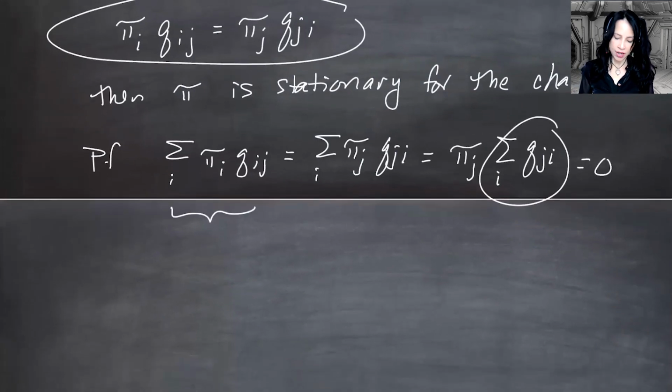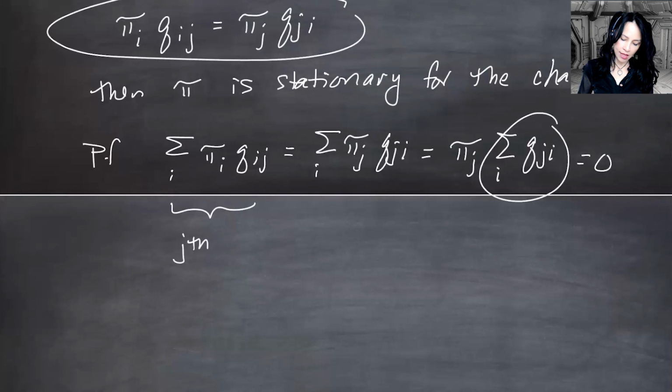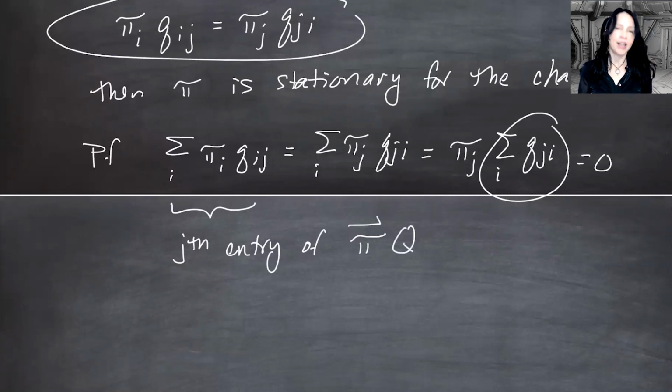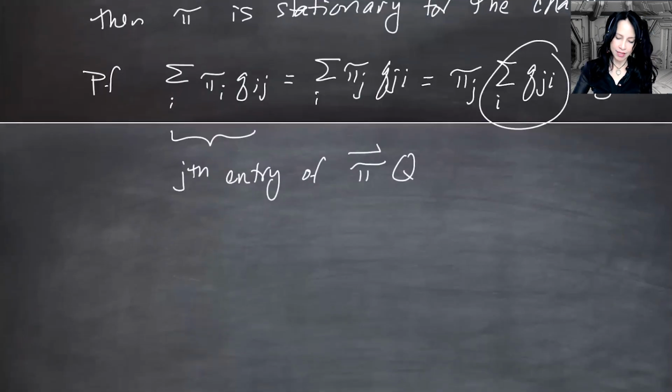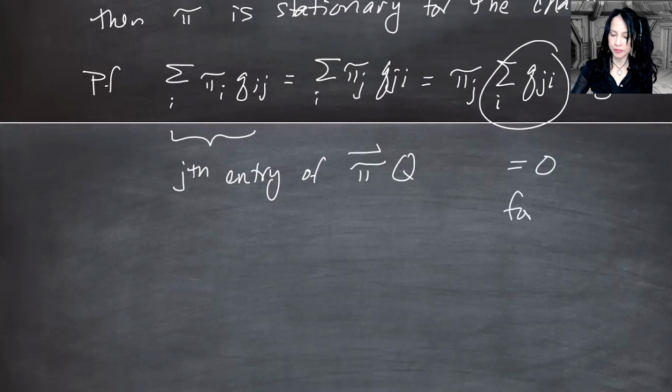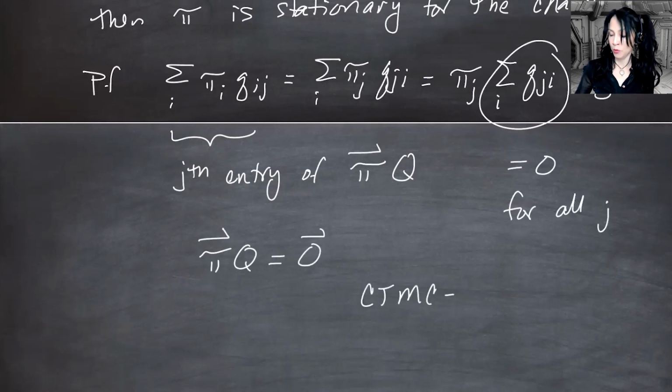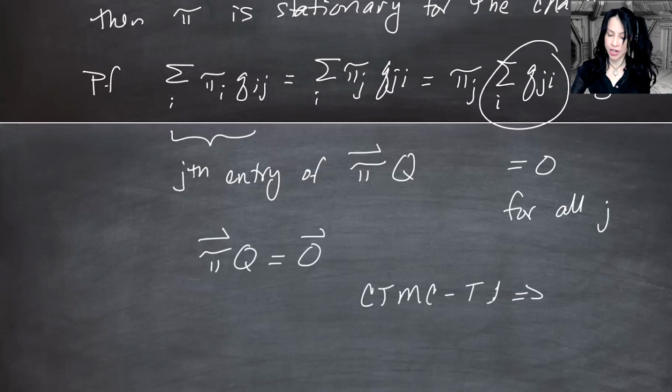On the left, I've got the jth entry of the row vector pi times Q, and on the right, I have 0. So the jth entry of pi Q equals 0 for all j. In other words, pi Q is the 0 vector. And so theorem 1 for continuous time Markov chains tells us that pi is stationary for this chain.